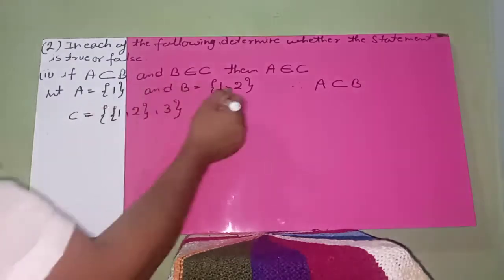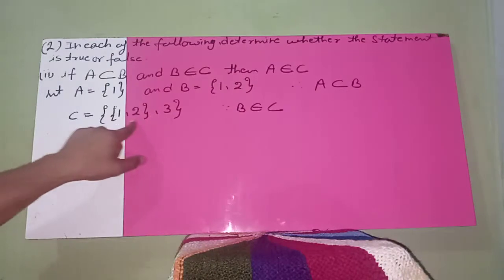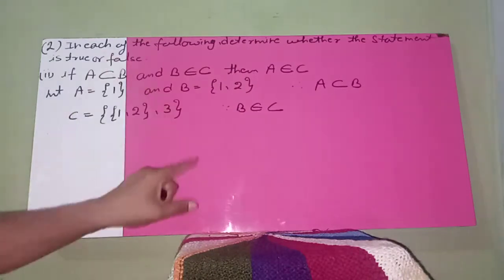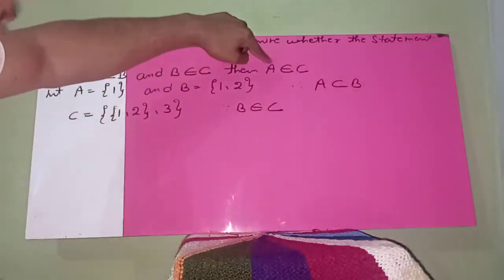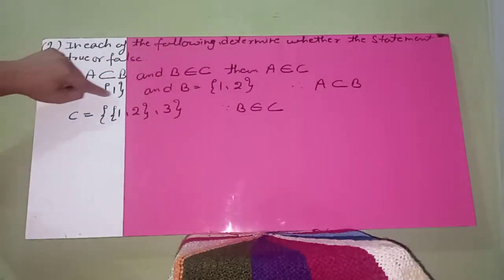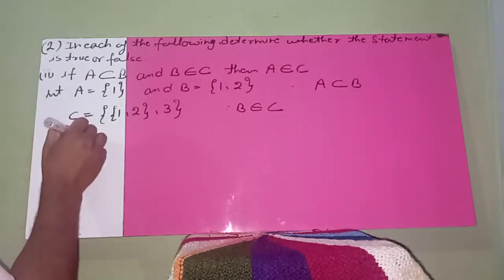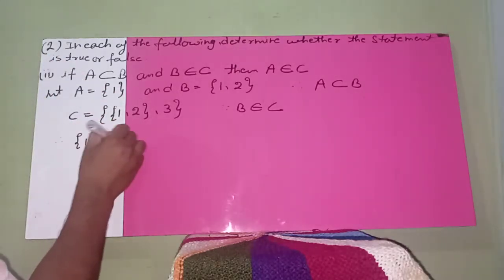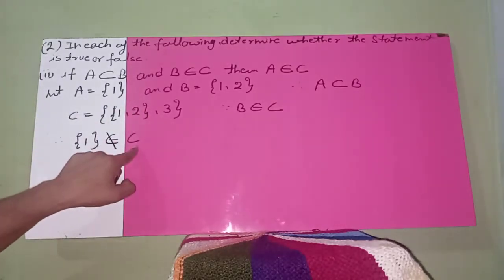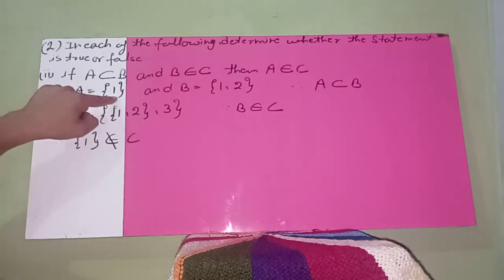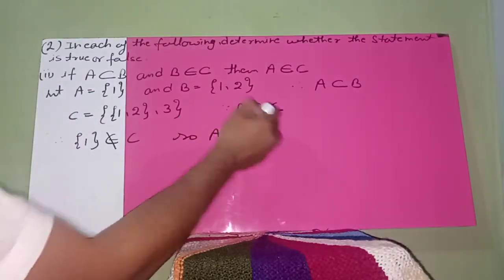Okay, so because set B is the element of set C, clear? After that, is A the subset of C? Set A is the set of one element, that is 1. So we can say that 1 is not an element of set C. It means ये जो element है वो set C के अंदर नहीं है, because set A is {1}. So we can say that set A is not an element of set C.